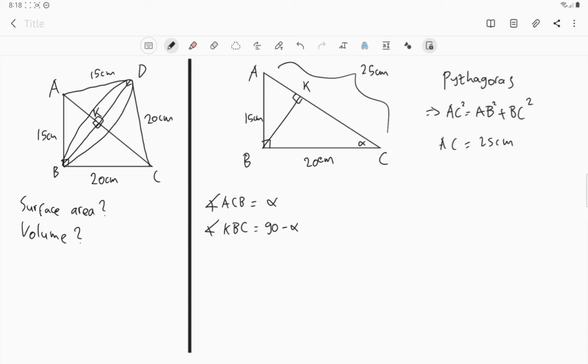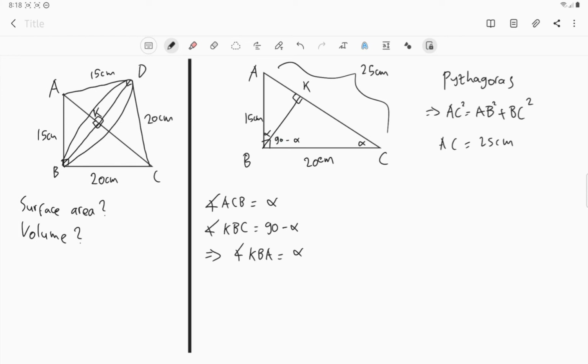So 90 plus alpha plus something here equals 180, so KBC is 90 minus alpha. What does it mean? It means the angle KBA equals alpha, because KBA is basically a 90 degree angle minus KBC. Now we got this equals alpha, and this is 90 minus alpha.